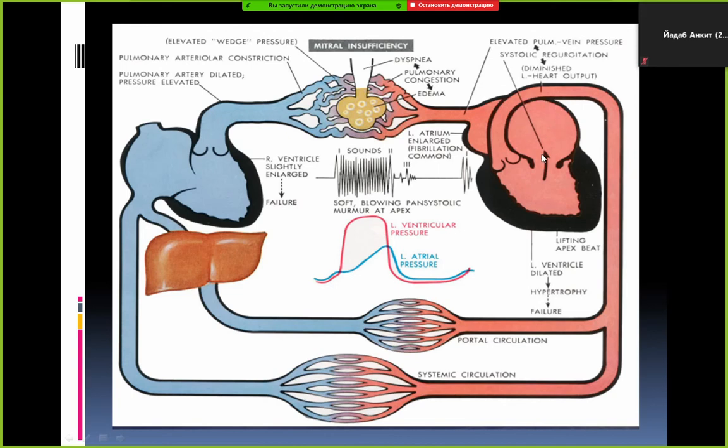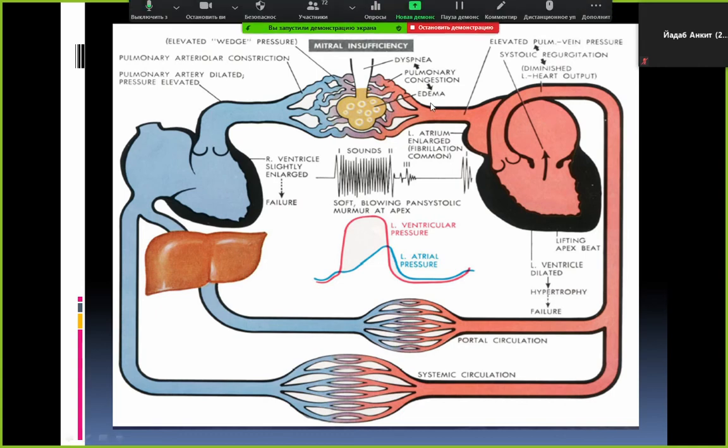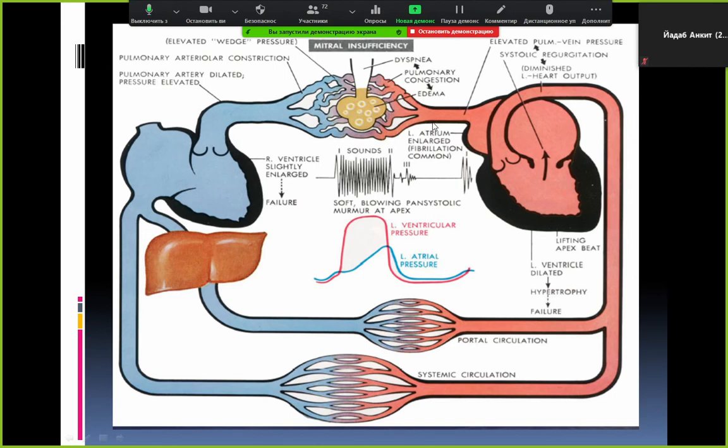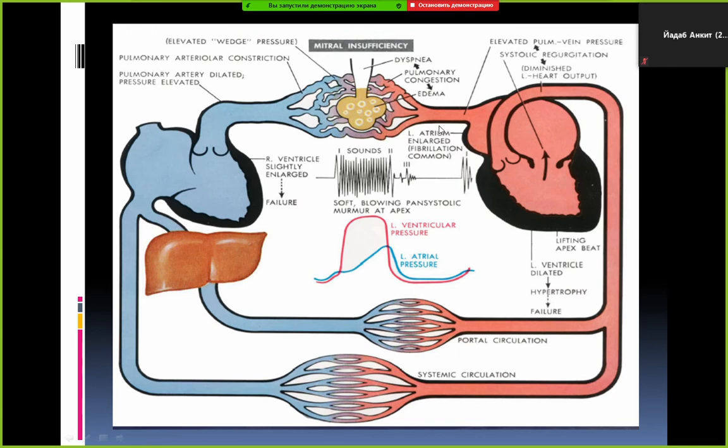That is why left atrium dilatation and left atrium hypertrophy develop, and after this develops elevation of pulmonary veins pressure and pulmonary congestion.